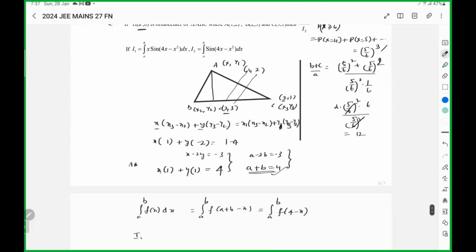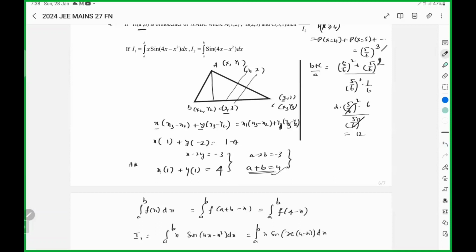So I1, I will write as integral a to b x sine of (4x minus x square) dx, which I can write as integral a to b sine of minus of (x square minus 4x), just x into (4 minus x).